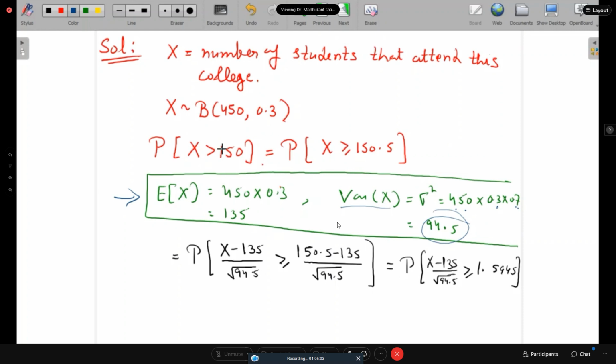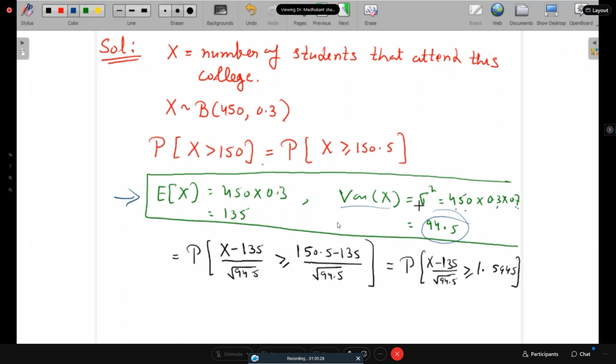Now X strictly greater than 150 means, you can assume a continuity correction, X greater than or equal to 150.5. We are going towards 151, so we are adding 0.5. You can also add 0.4, 0.25, 0.333 and so on; those things can also be explored.